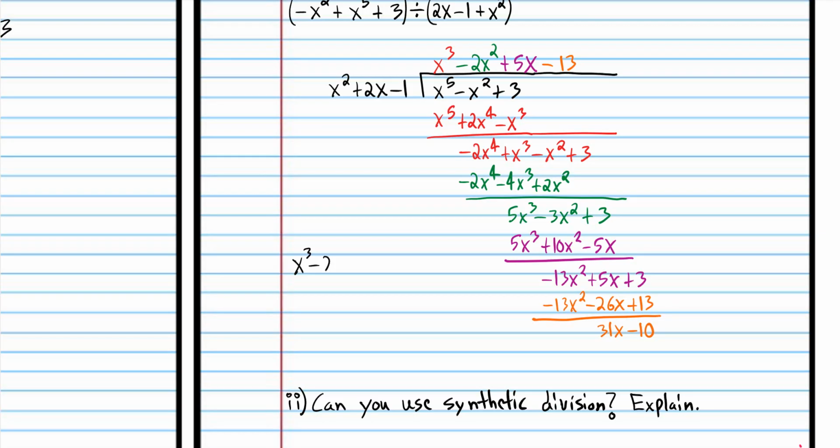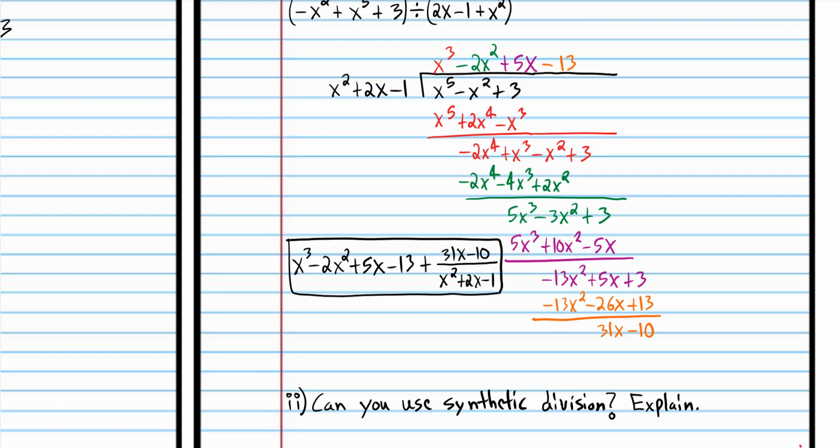X cubed minus 2x squared plus 5x minus 13. But then we have to add the remainder, 31x minus 10, divided by the divisor, x squared plus 2x minus 1. That is the final answer.